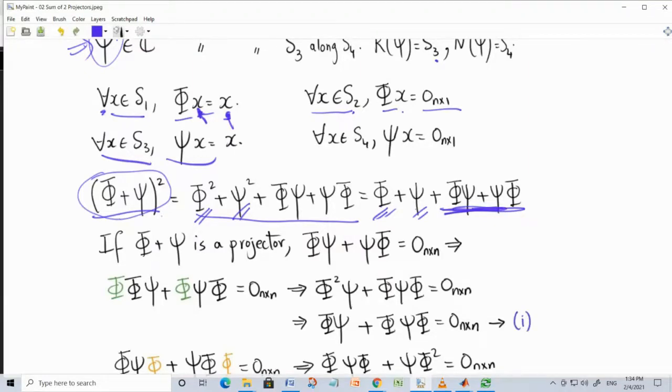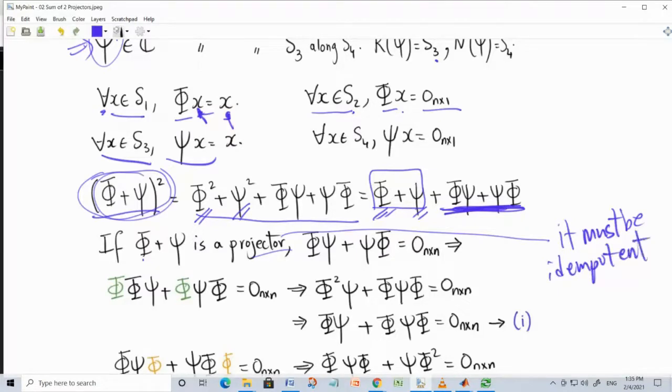If phi plus psi is a projector, it must be idempotent, and so this square must be equal to the sum alone.